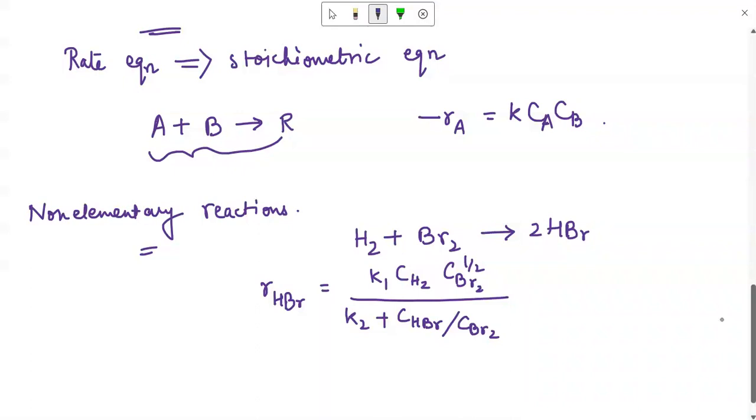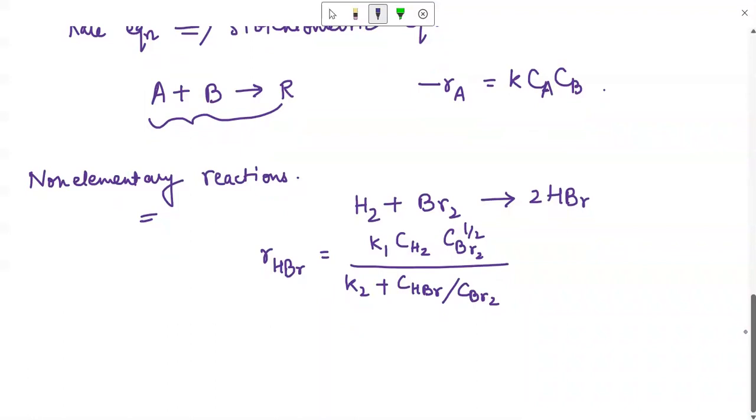Now, the reason why we talk about non-elementary reactions is because the understanding behind these reactions is such that we observe the overall reaction as a sequence of elementary reactions occurring together.